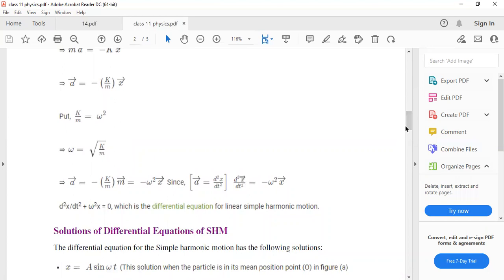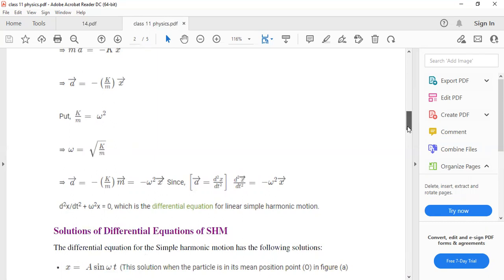If we want to make a differential equation of this simple harmonic motion, then d2x upon dt square plus omega square into x equals 0. This is the differential equation for linear simple harmonic motion.